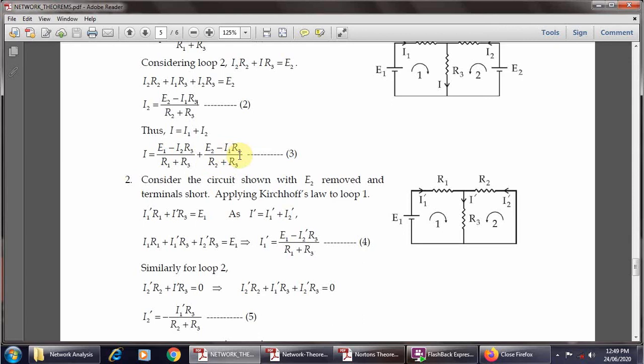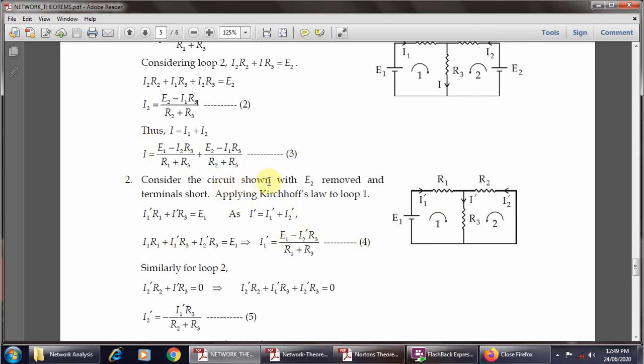According to Kirchhoff's voltage law and current law, we have to find this equation, and we prove that after removing the sources one by one, at a time only one voltage source is available. With the help of that we calculate I1 and I2, substitute in the equation, and prove that both equations should be the same.